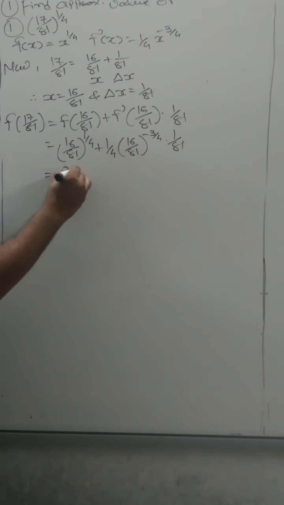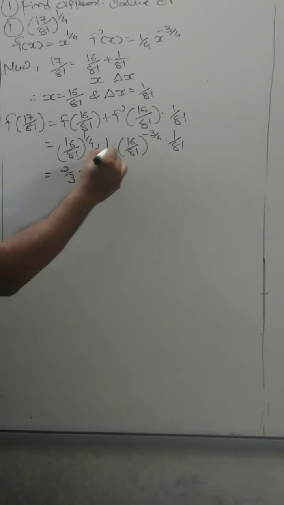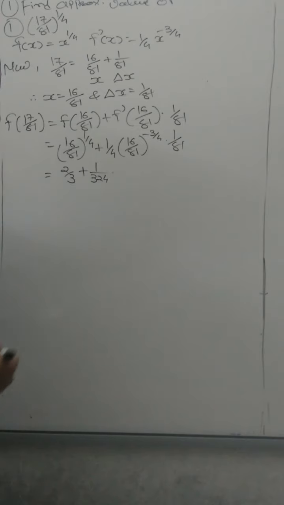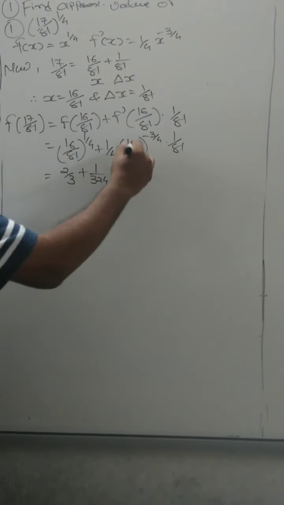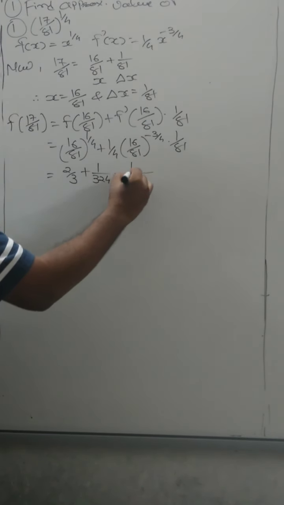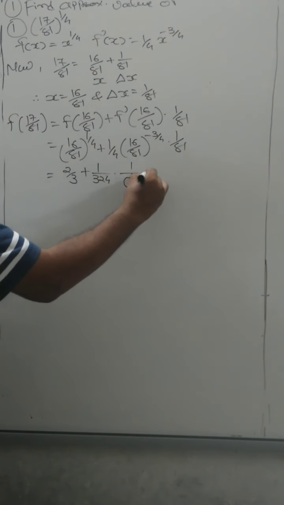So here we have 2/3 + 1/324 into the fourth root, which is 1 upon (2/3)³.